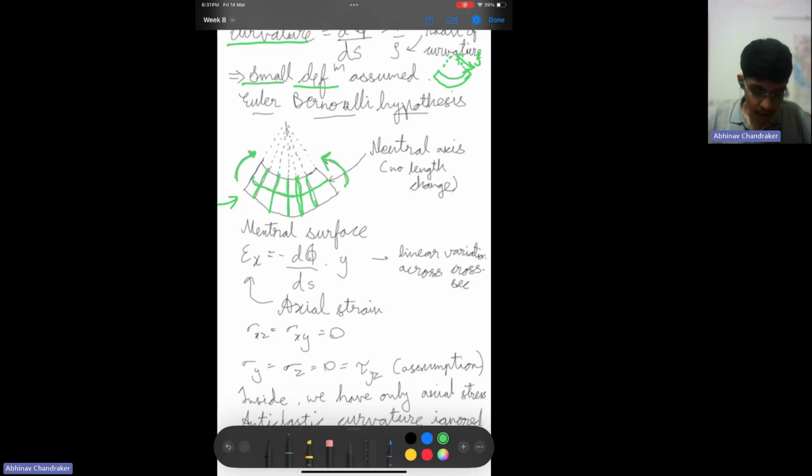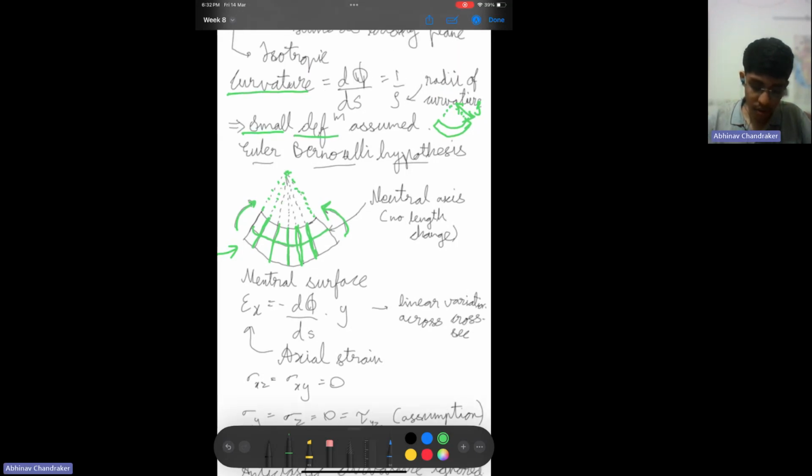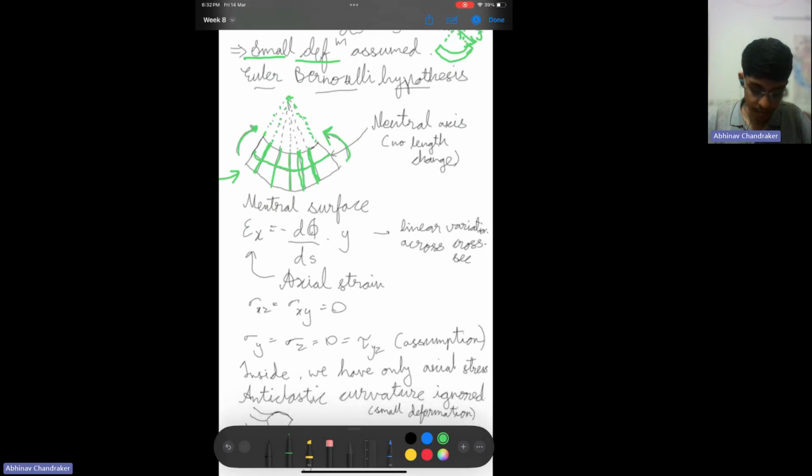Also, since all the planes on the cross section are still linear, when you extrapolate them, they will meet at a single point, which means that this member, which has been loaded in pure bending, is a part of an arc of a circle, with a radius equal to this value rho, the radius of curvature.